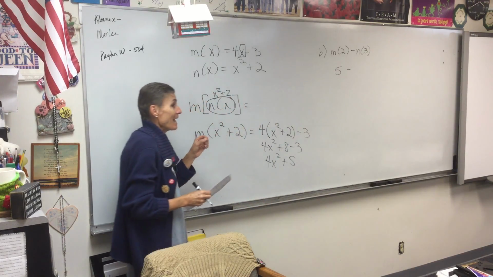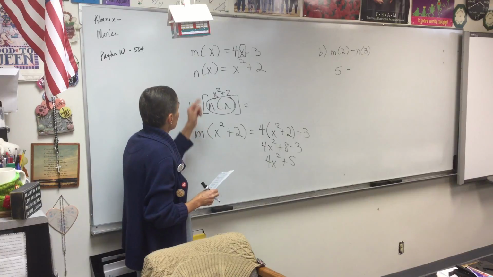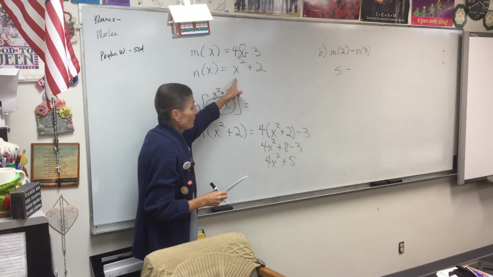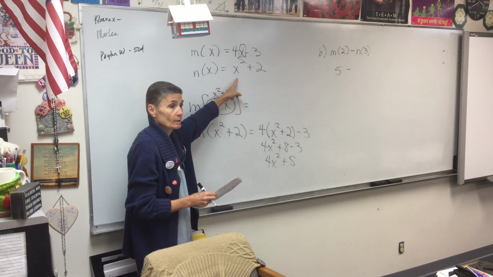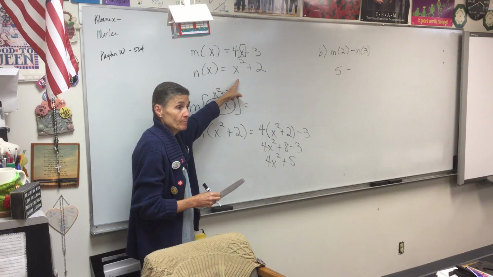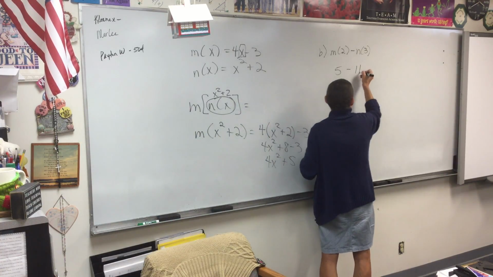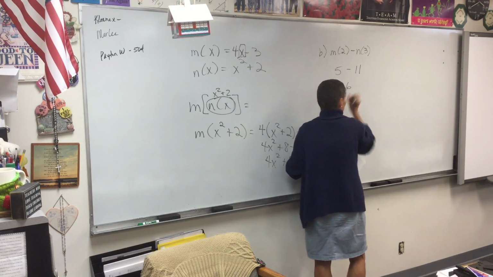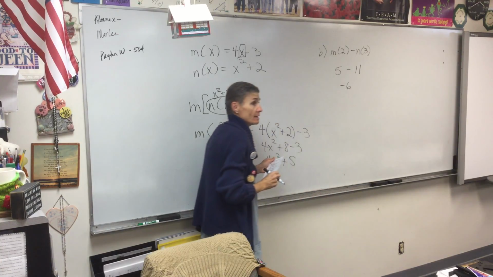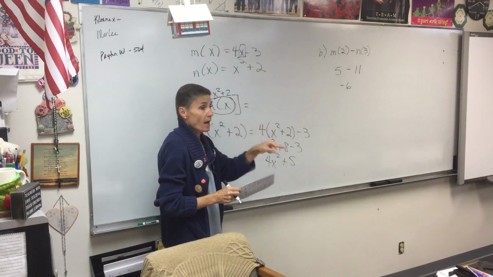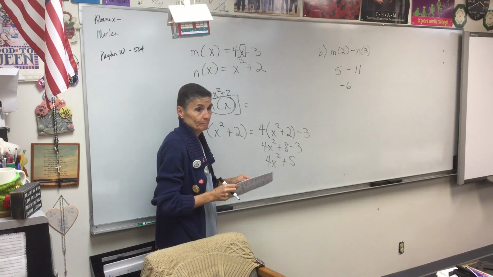Now we're going to find n of 3. Okay, what do we get when we plug in 3 into n? 11. And the problem tells us we're supposed to subtract those two numbers, so our answer is -6. You should not miss that problem.